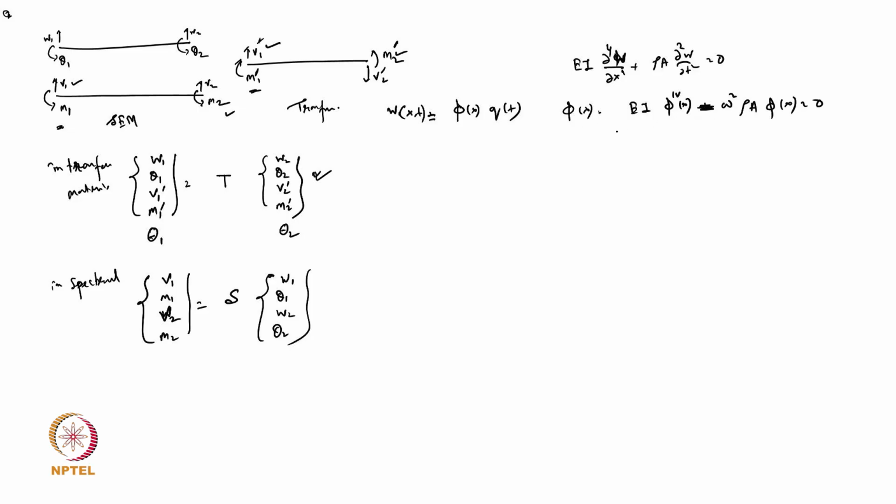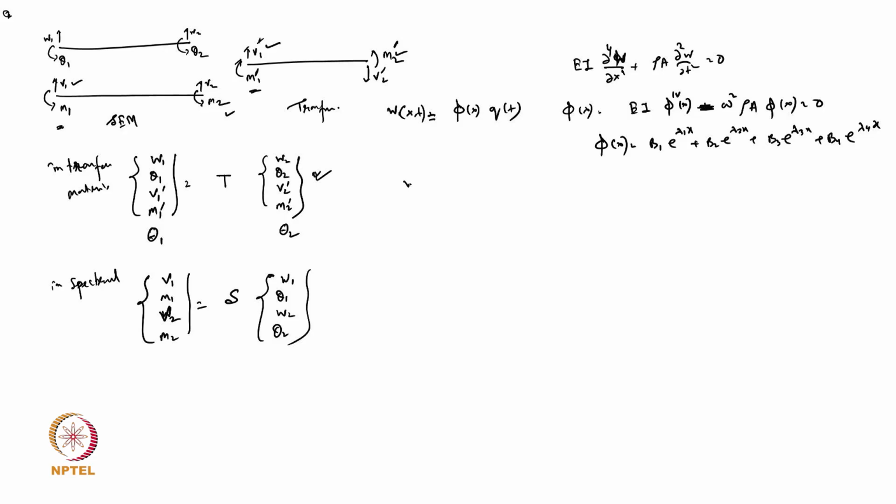So from this equation I can write phi x equal to v1 e to the power lambda 1 x plus v2 e to the power lambda 2 x plus v3 e to the power lambda 3 x plus v4 e to the power lambda 4 x. Agreed? Because it's a fourth order differential equation, obviously this is the root of that. Okay, we get that.